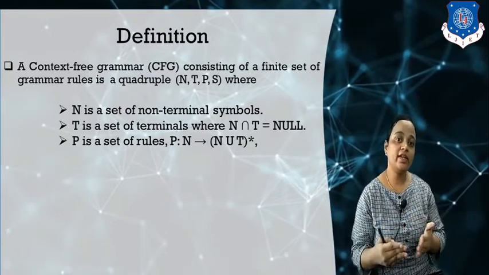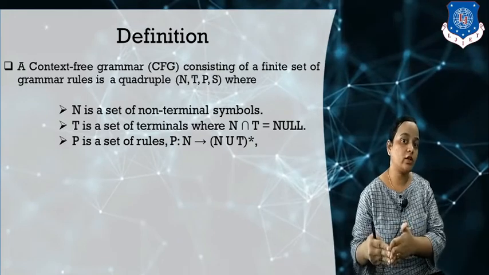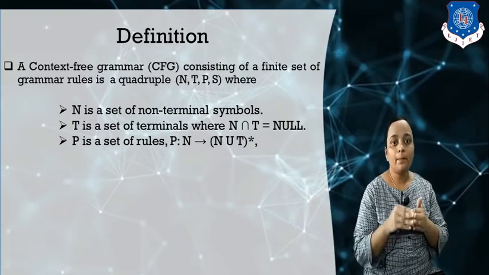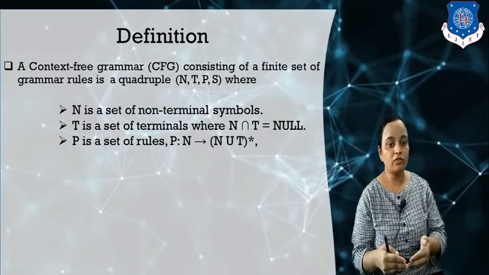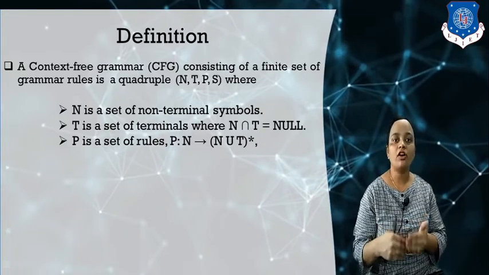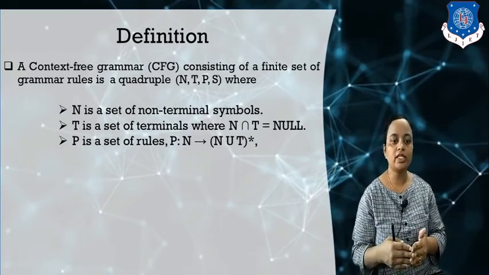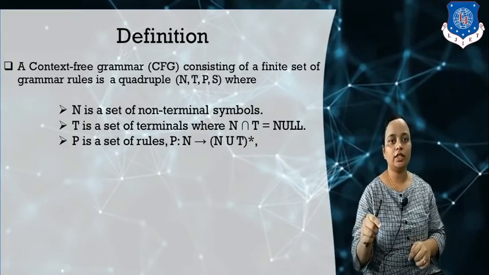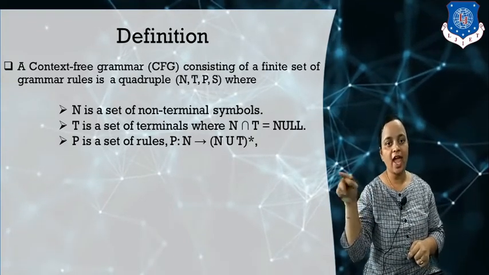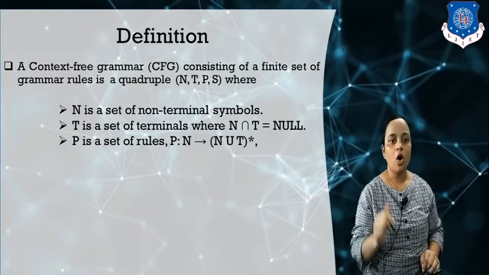Now next, what is P? As we already discussed, grammar is a set of rules. So P is the set of production rules, which are used for generating the strings. We can see over here P: N tends to (N union T)star.